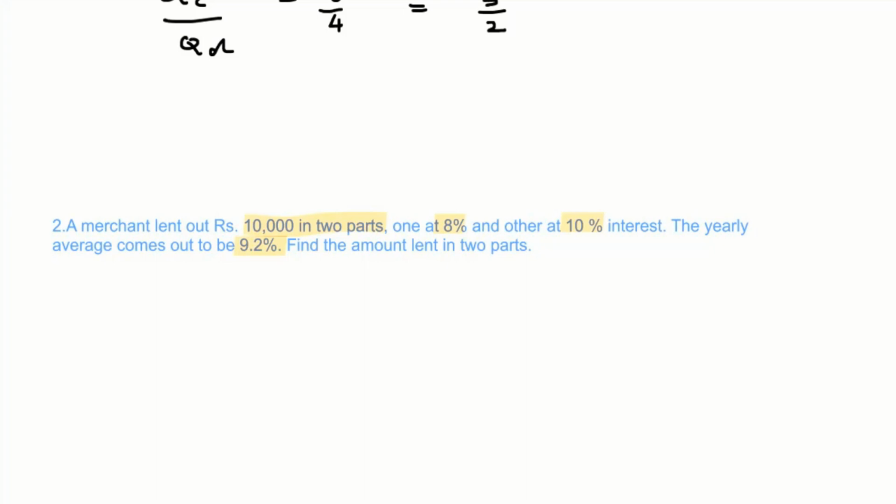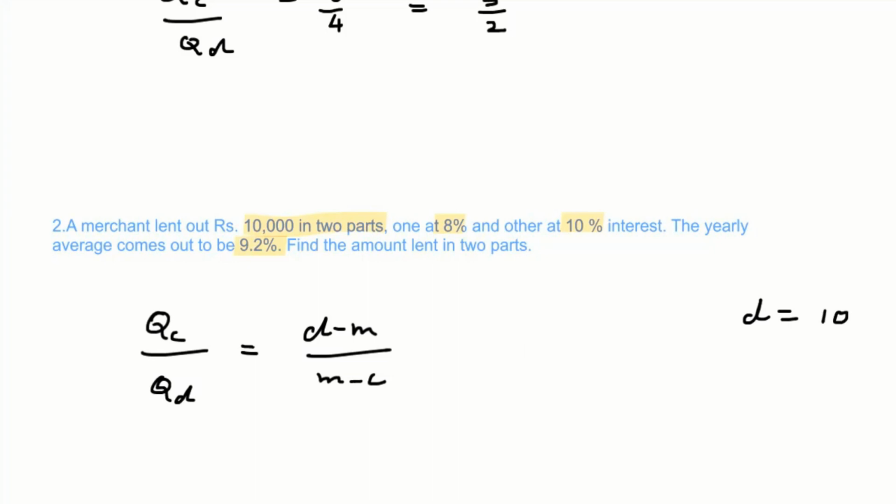Again, what is the formula? Quantity of cheaper by quantity of dearer is D minus M by M minus C. So what is D here? The costly lending rate is 10 and the cheaper lending rate is 8. On an aggregate he gets 9.2. This is what is arrived at.